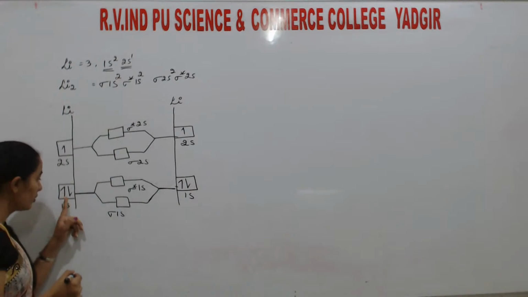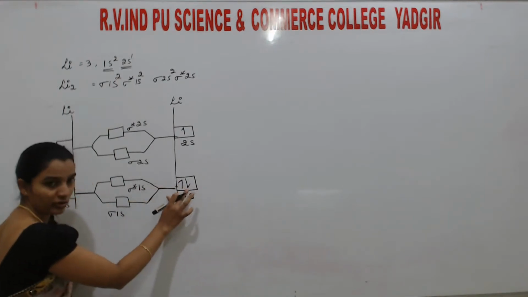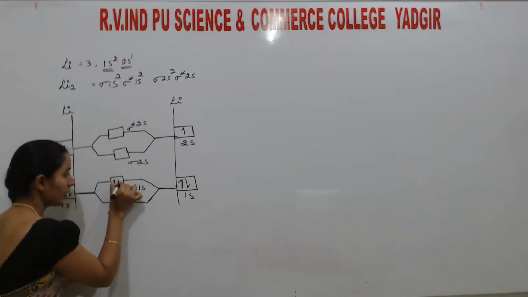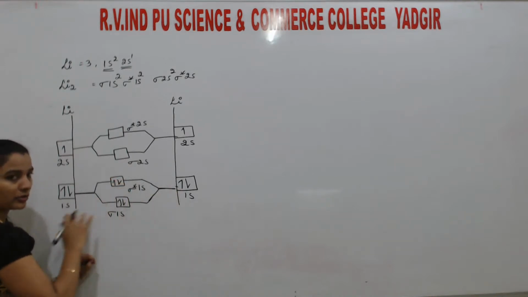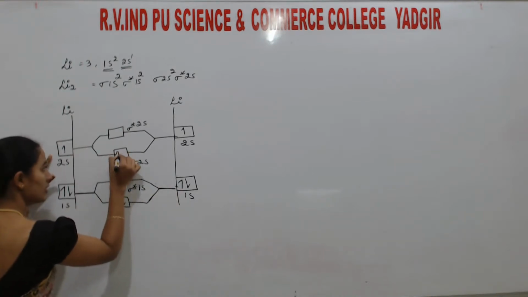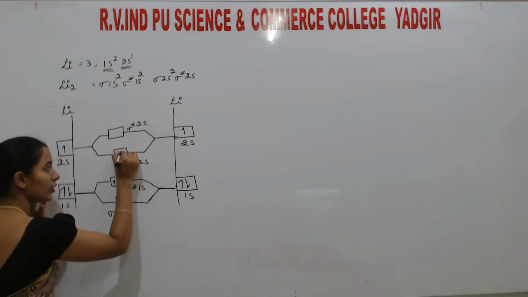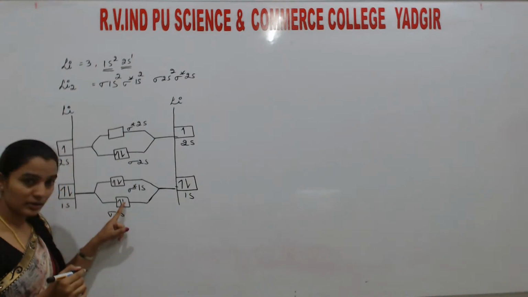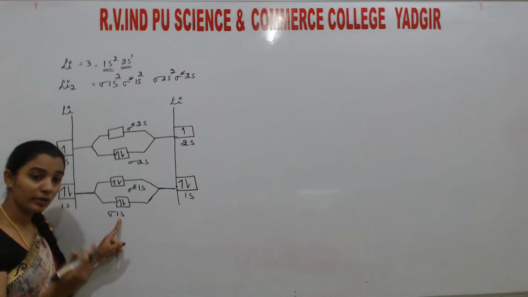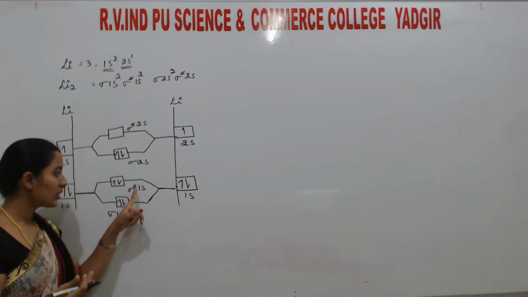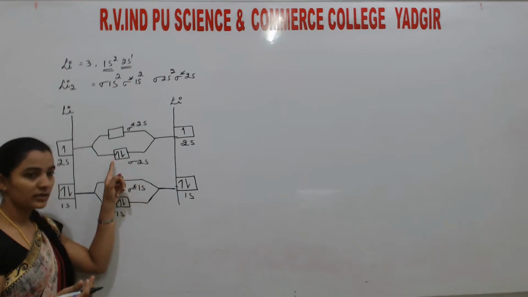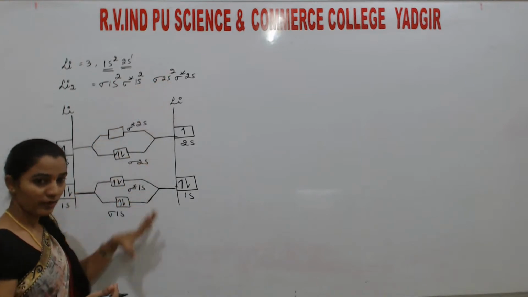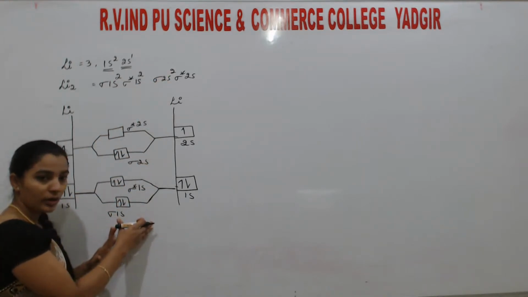Students, remember, there are 4 electrons in the 1s level. Initially, lower energy fills first, followed by higher energy. So here 4 electrons, here 4 electrons, satisfied. Here 1 electron goes into the lower energy orbital, and the other electron will pair with it. So sigma 1s has 2 electrons, sigma star 1s has 2 electrons, and sigma 2s has 2 electrons.